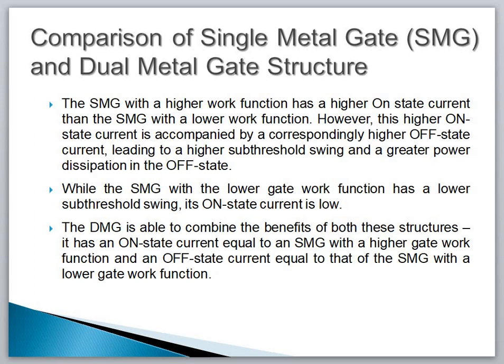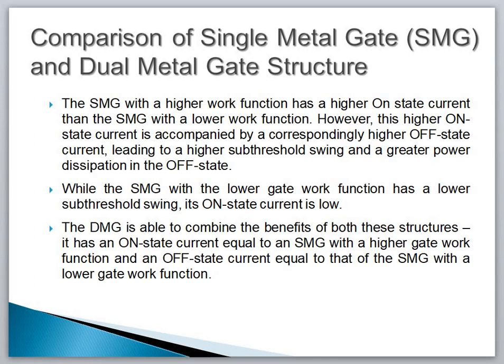Comparison of single metal gate and dual metal gate structure. The single metal gate with a higher work function has a higher on state current than the single metal gate with a lower work function. However, this higher on state current is accompanied by a correspondingly higher off state current, leading to a higher sub-threshold swing and a greater power dissipation in the off state.